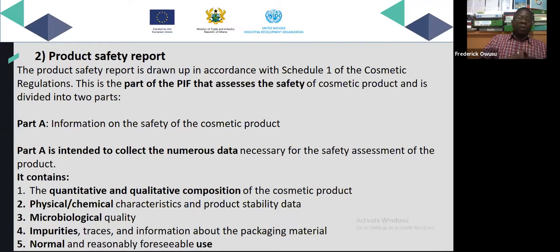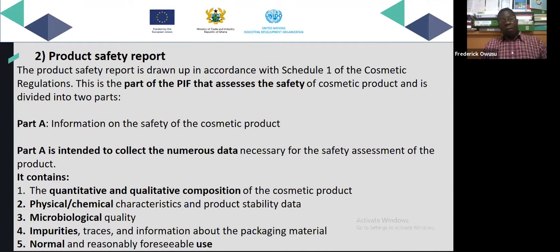It should also talk about the physical and the chemical characteristics of the product stability. That one is stored at the appropriate or the recommended storage condition. It should be stable. It should not deteriorate. The quality should not change.